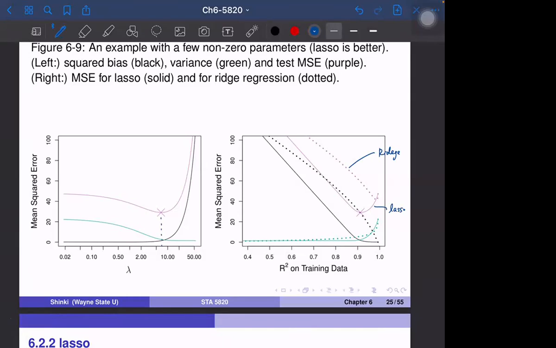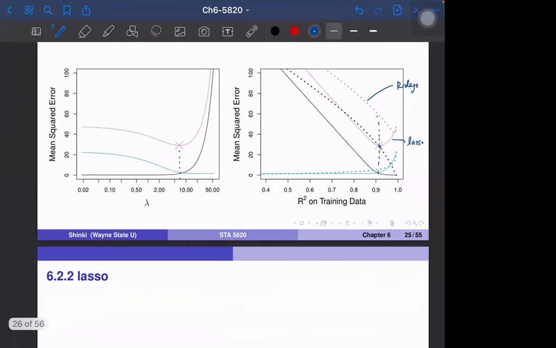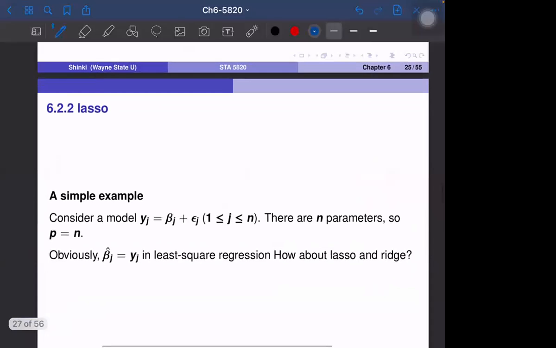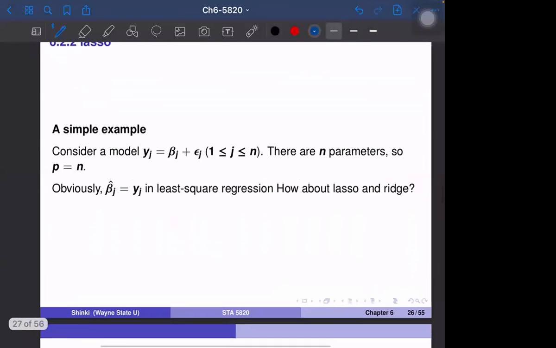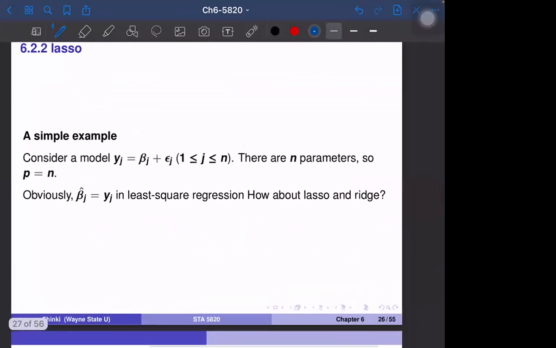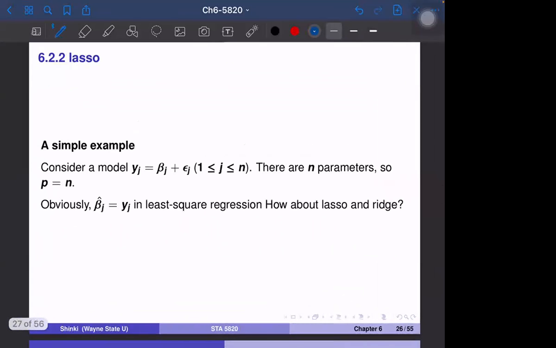And Lasso almost always has smaller test error. So that means probably the true model is small, but we have many redundant candidates of predictors. So it really depends on the problem which is better, ridge or Lasso. Which is better really depends on the data.